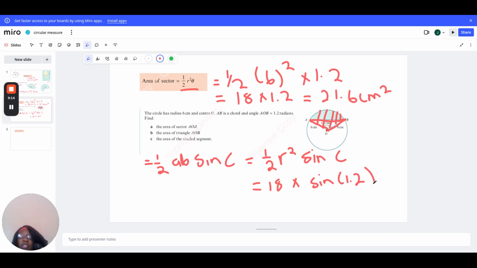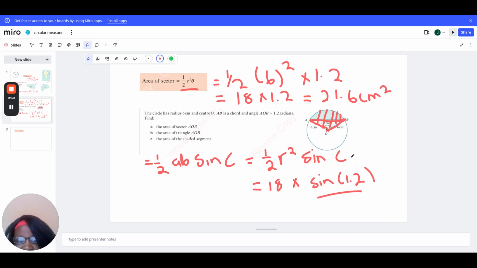You must remember to change your calculator into radians. If you do degrees, you get a wrong answer. Because 1.2 radians is, I believe, about 60 degrees, since 1 radian is around 57 point something degrees.